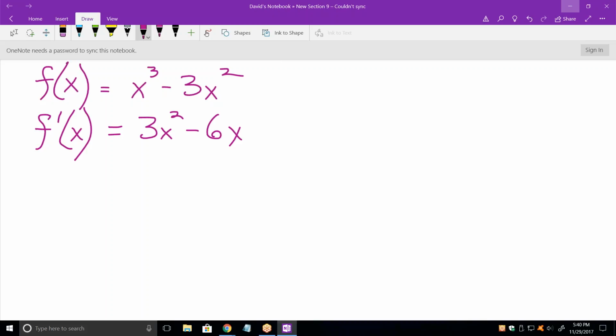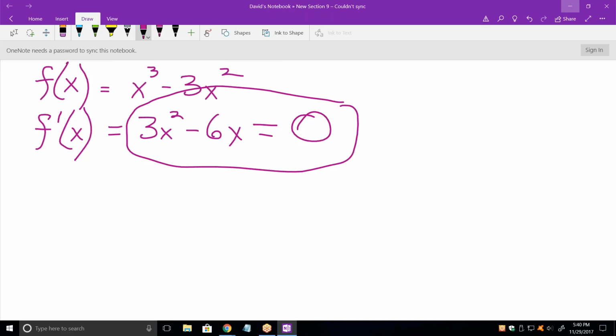Now, where are we going to find our relative mins and maxes? Where the derivative equals 0. Okay. Now, solve that. How do you solve that?